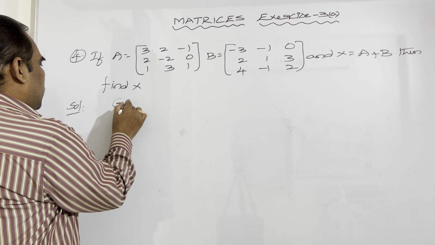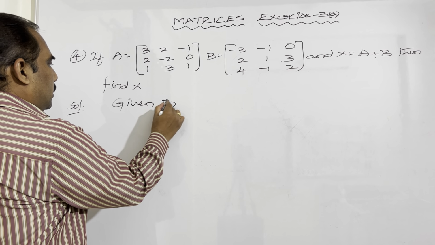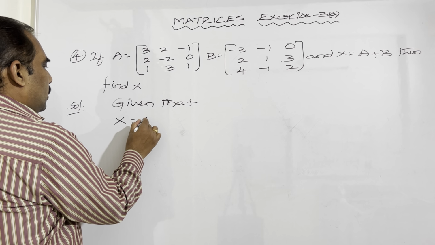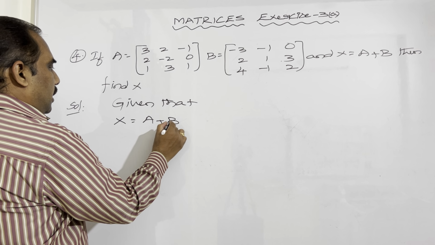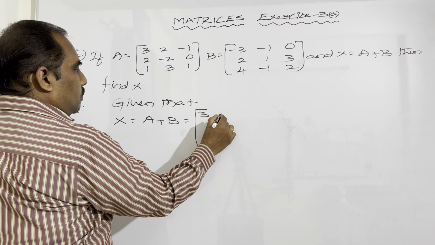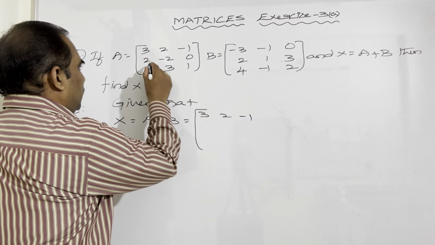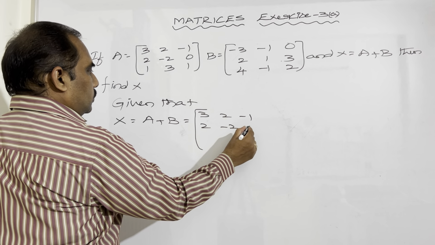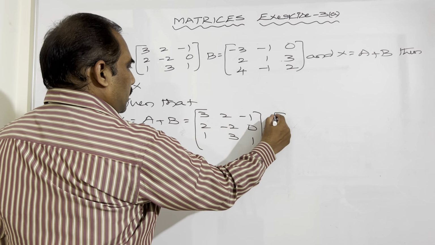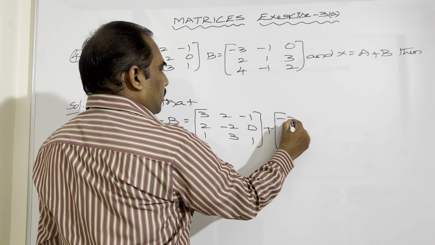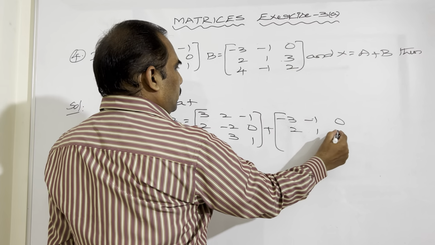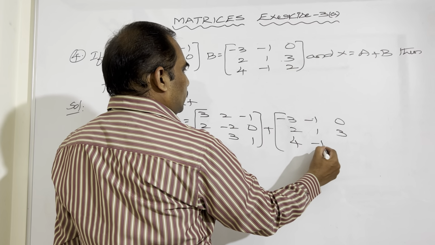Given the condition that X is equal to A plus B, X is the sum of the matrices A and B. So now, writing the matrix A here: 3, 2, minus 1, 2, minus 2, 0, and 1, 3, 1, and plus the matrix B: minus 3, minus 1, 0, 2, 1, 3, 4, minus 1, 2.